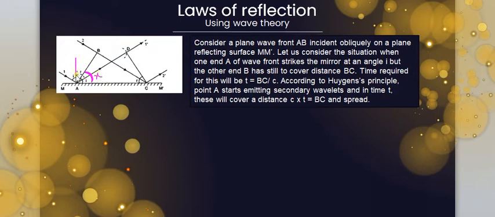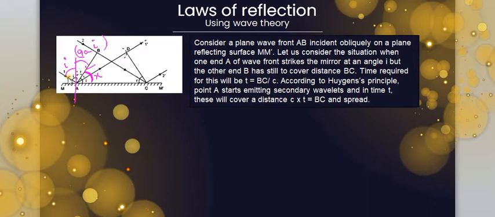Since this is my normal and this is the angle made by the normal with the incident ray, that is angle I, the angle made by the normal with the incident wavefront will be 90 minus I. Why? Because this wavefront is at 90 degrees to the ray.